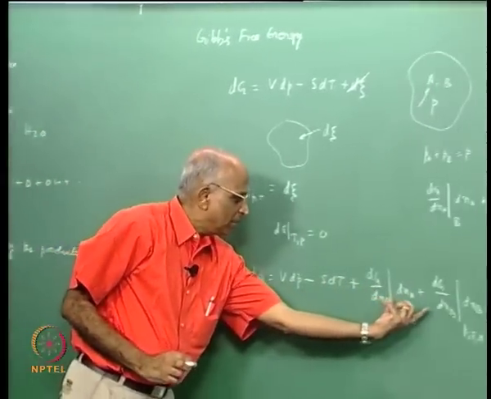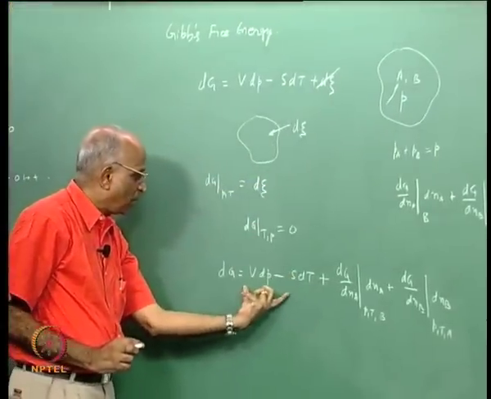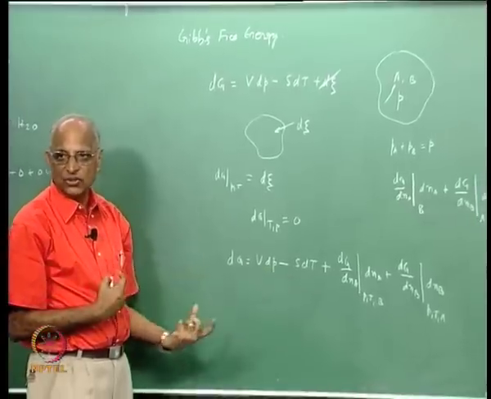This particular term comes because now I have a multiple species system, whereas this part of the equation which we had derived in the last class was for a single component system.